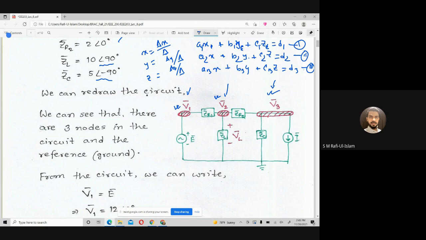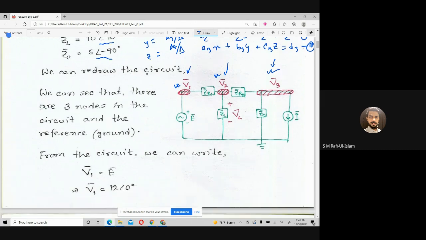As I said, if we have a voltage source present in nodal analysis, we must write a different equation for that voltage source. For the voltage source, we don't need to write KCL. We need to check between which 2 nodes that voltage source is connected. The given voltage is nothing but the voltage between this point and ground, and ground voltage is 0.